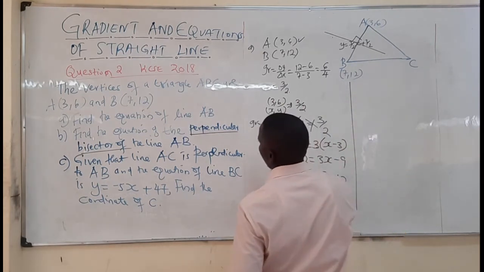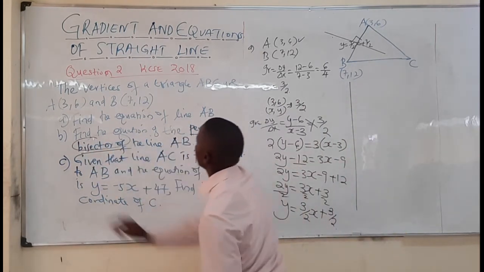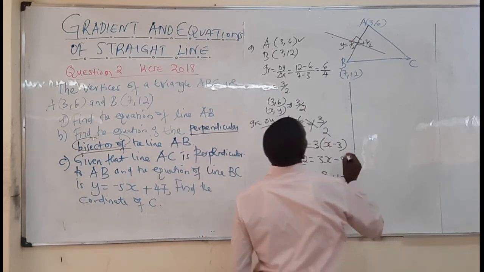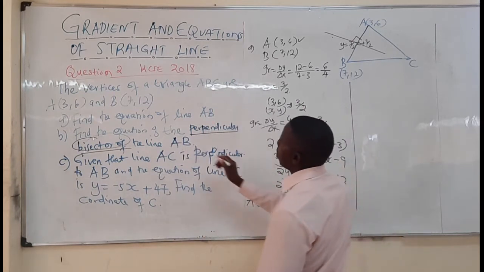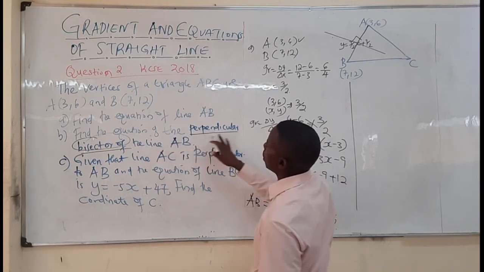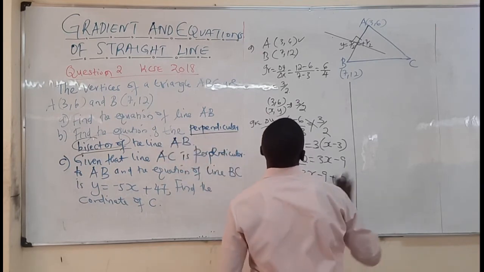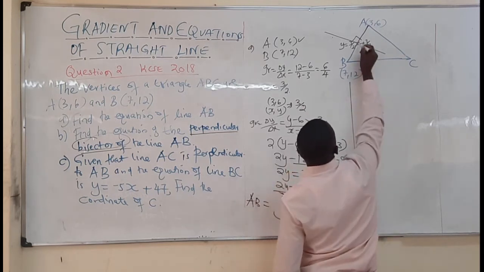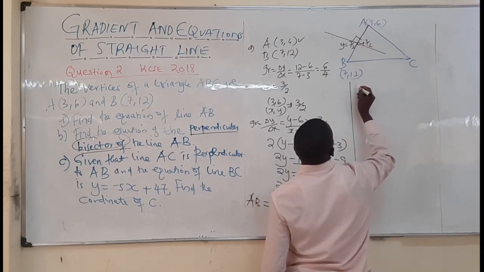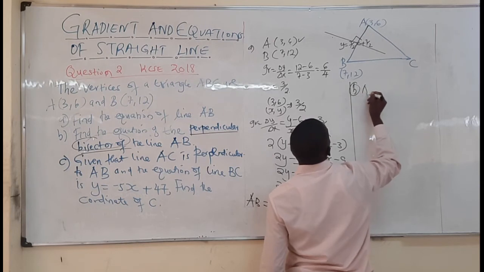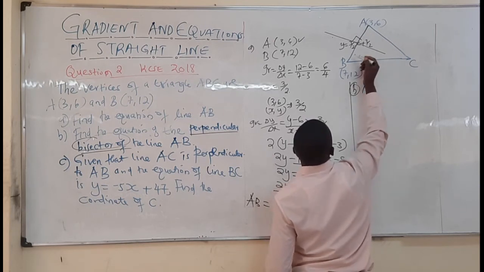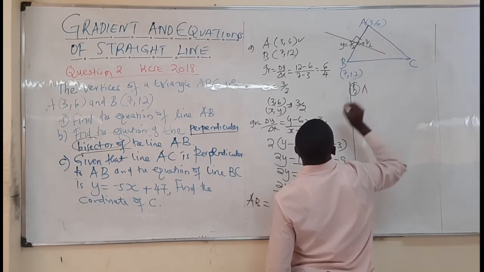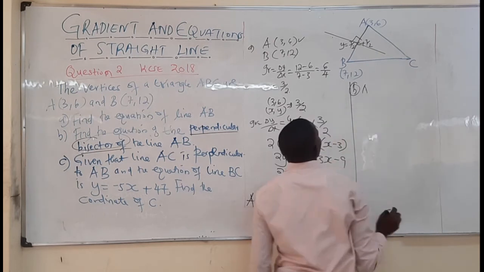That's what bisector means, dividing the line AB into 2. So the first thing here, we want to get the equation of the perpendicular bisector of the line AB. We can first ask ourselves, where does this line pass through? That point is the midpoint of A and B. So we need to get the coordinates of that point.